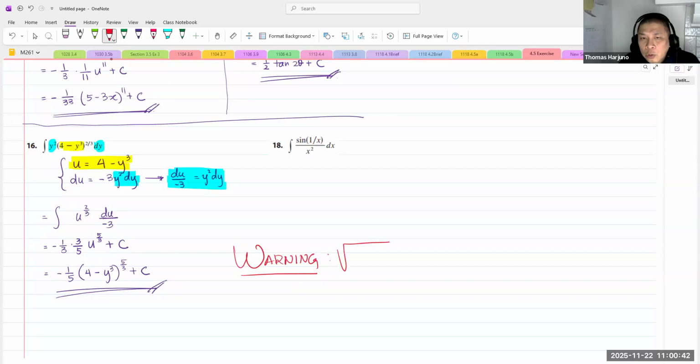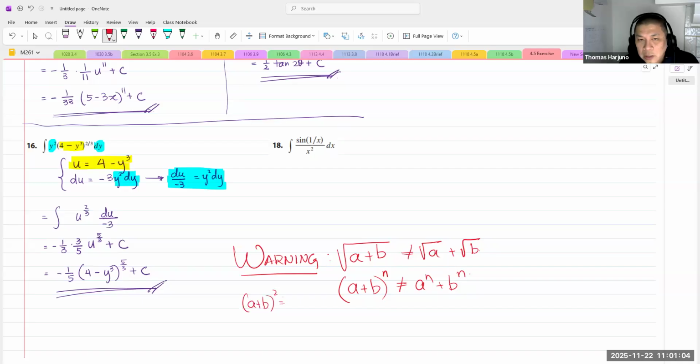The square root of a plus b is not equal to the square root of a plus the square root of b. In fact, this is true for any exponent other than 1. A plus b to the power of n is not equal to a to the n plus b to the n. You know that's true for square, right? This is not a squared plus b squared.